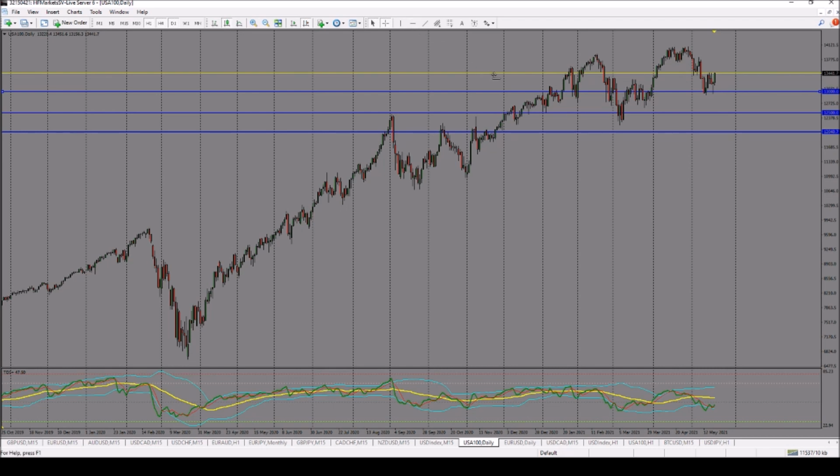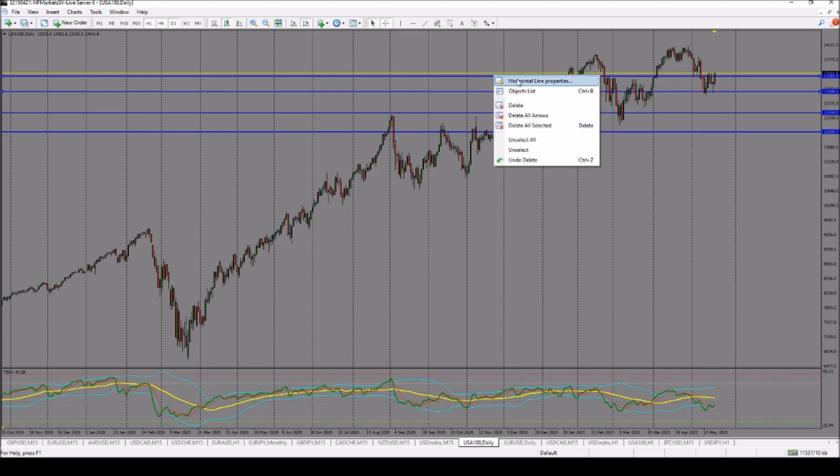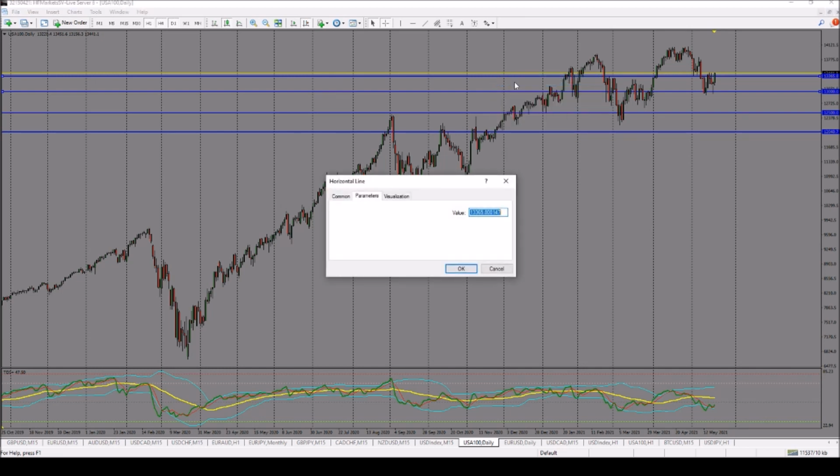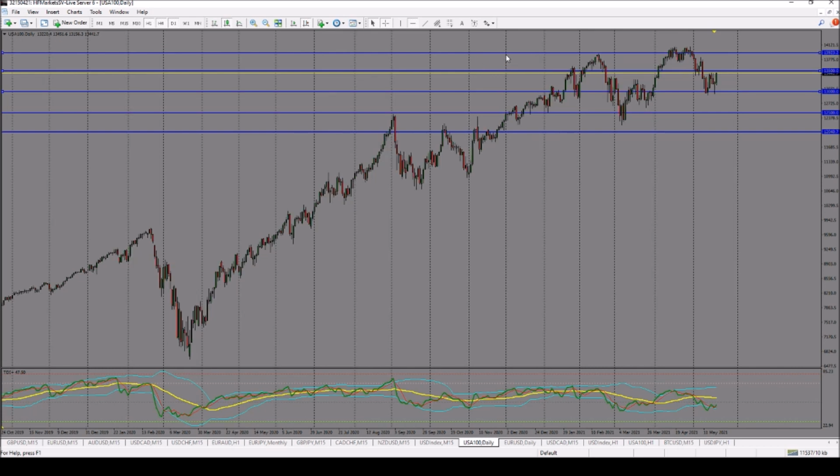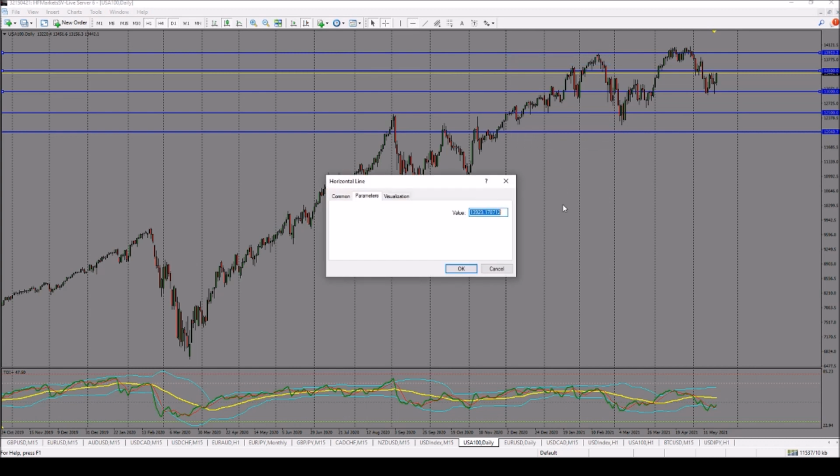For NASDAQ, it uses a different scale, and we are incrementing with 500. So from 13,000 we go to 13,500. Then from 13,500 we go to 14,000.